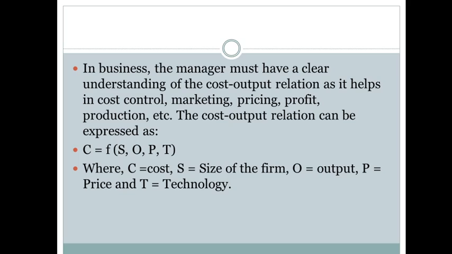So, to survive in long run, we should give a special importance for cost control and cost analysis. So, therefore, here the cost output relationship can be expressed as C = f(S, O, P, T). So, here C is equal to cost, S is equal to size of the firm, O is equal to output, P is equal to price, and T is equal to technology.